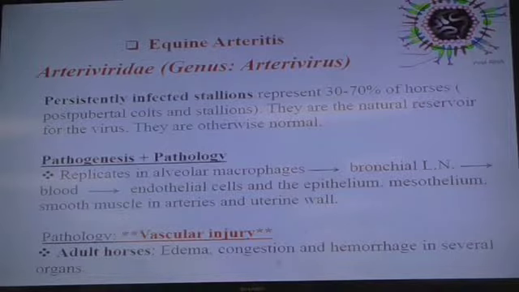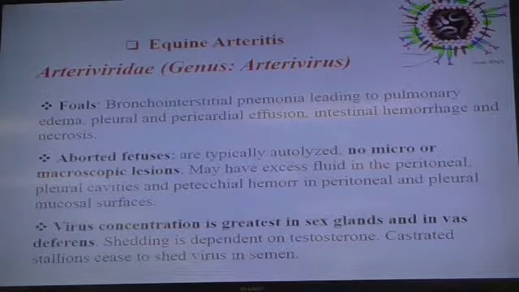So the main pathology feature is vascular injury, hence the edema, and hence the hemorrhages. In foals, the interstitial pneumonia, or bronchointerstitial pneumonia, is a main problem that can cause death.